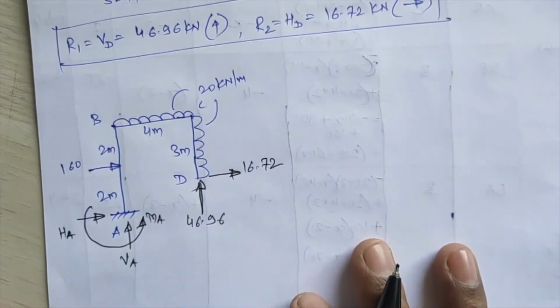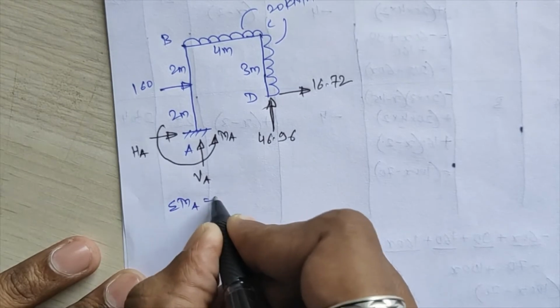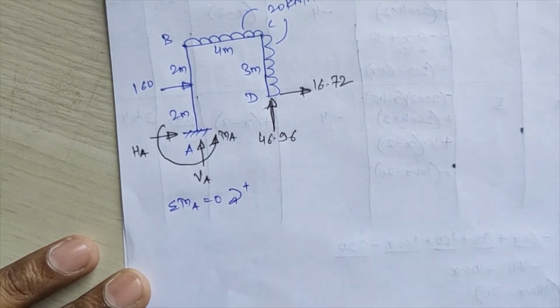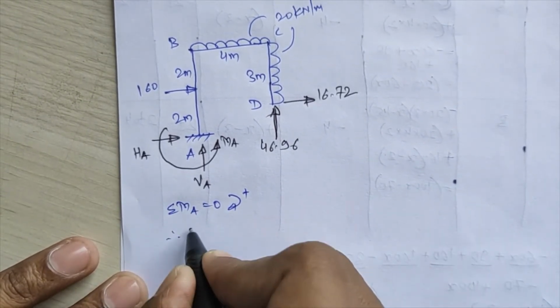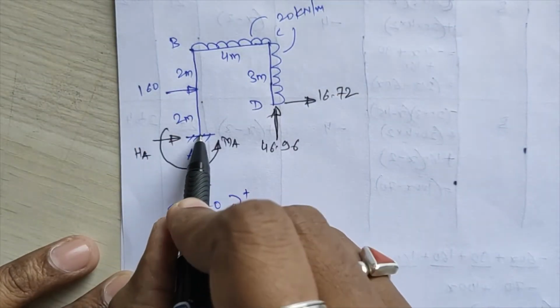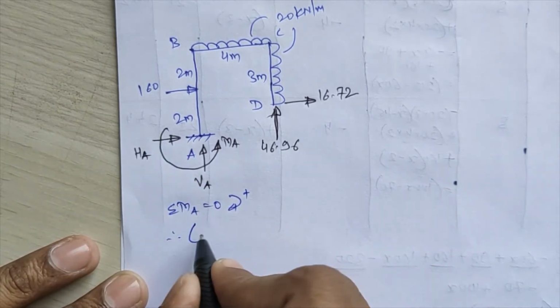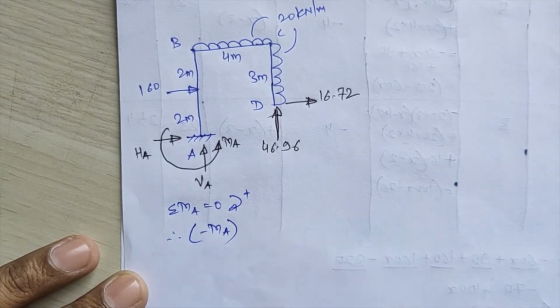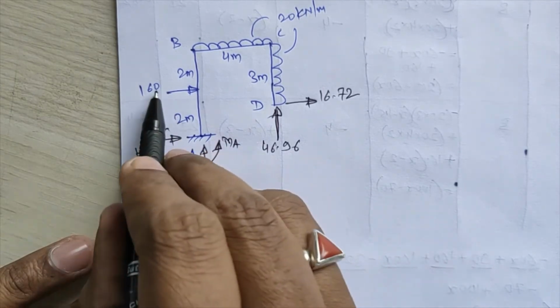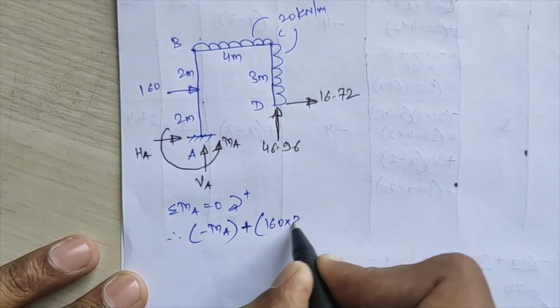For that, first summation of moment at A is equal to 0, treating clockwise moments as positive. You have to take moment of all the forces about point A. So we'll start from point A: minus MA, plus moment of 160, clockwise, so plus 160 into 2.